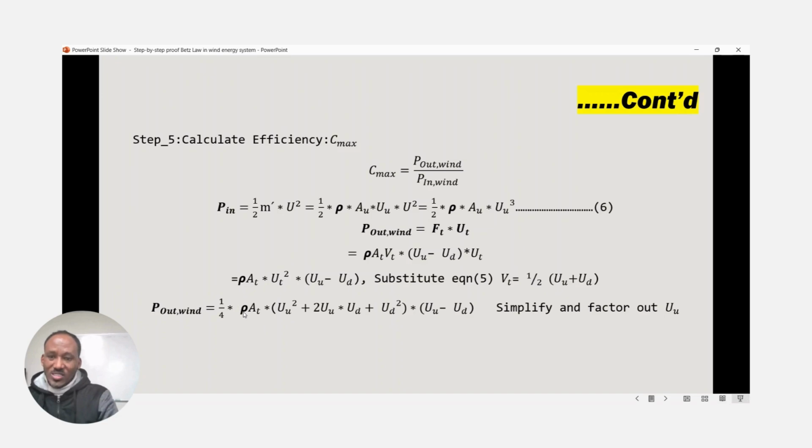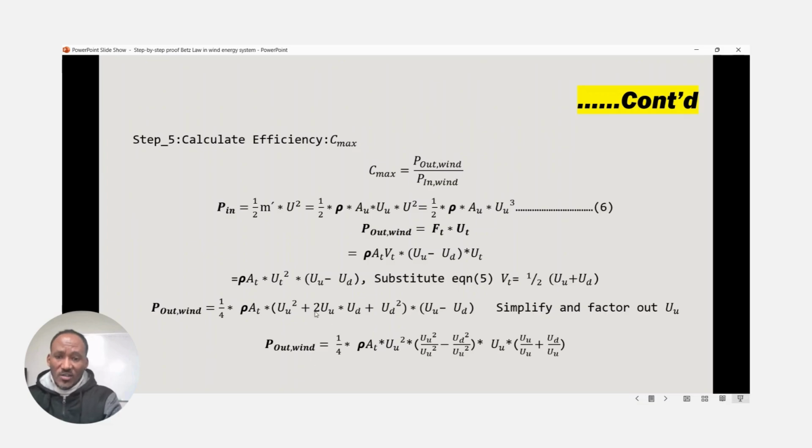Then density times area of turbine times this square can be rewritten as this polynomial: U_U squared plus 2 U_U times U_D plus U_D squared, close parenthesis, times U_U minus U_D, close parenthesis. So simplify this equation and factor out U_U. Here we have this simplified equation.